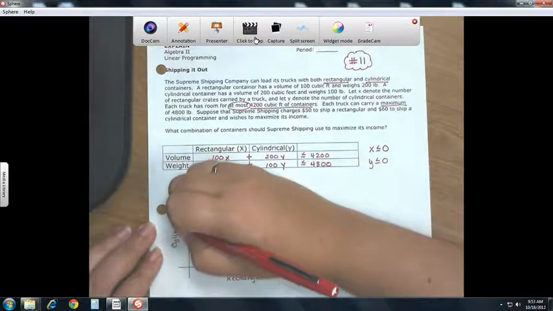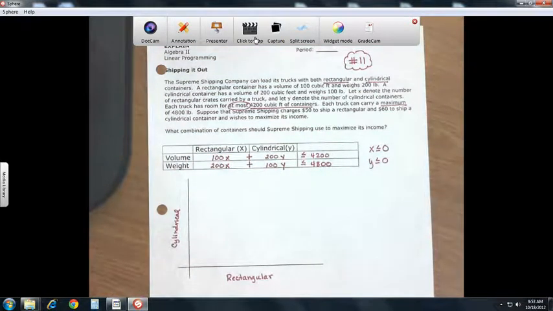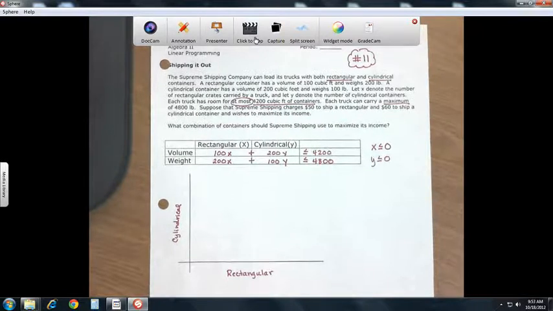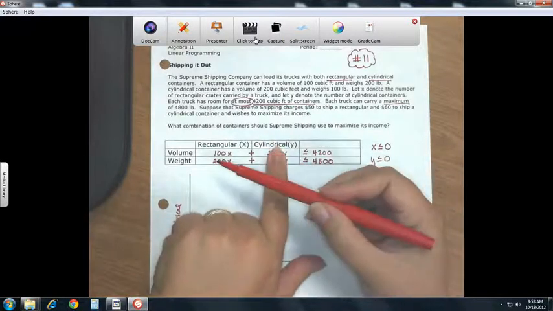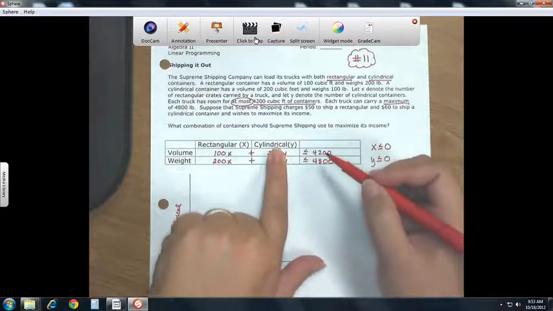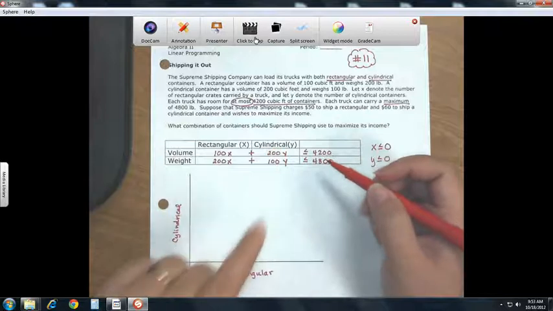And we're going to use our intercepts again to go ahead and graph these. So, to find the x-intercept, I cover up the y. 100x equals 4,200. So 4,200 divided by 100 is 42. Okay.